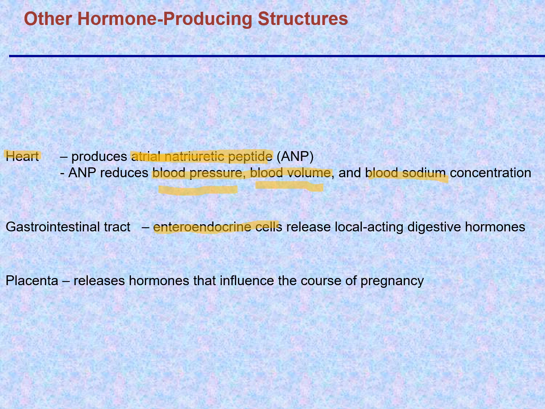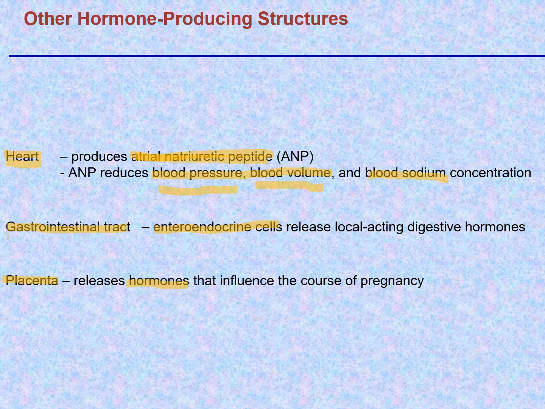We also have the placenta, and we'll talk more about it when we discuss pregnancy, but that also is capable of releasing hormones. So even though the main function of the heart, the gastrointestinal tract, and the placenta is not as an endocrine organ, they each do have partial endocrine function, in that they do produce important hormones.